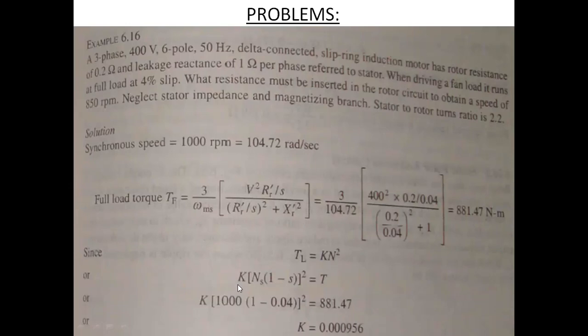So I can write K into ns into (1 minus s) whole square equals T. Here ns is the synchronous speed 1000, and 1 minus slip is 0.04 whole square, equal to the torque value 881.47. There you will get the value of K as 0.000956. Okay, so until K we have solved in previous classes.